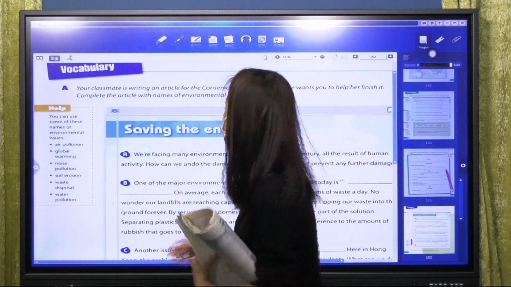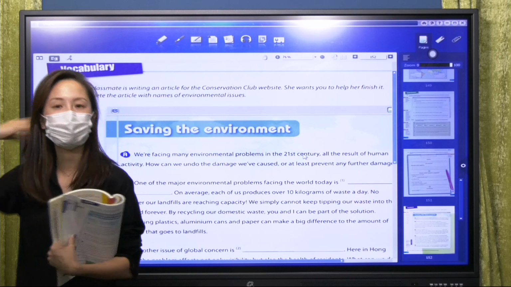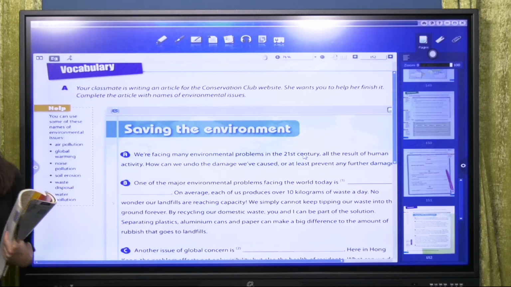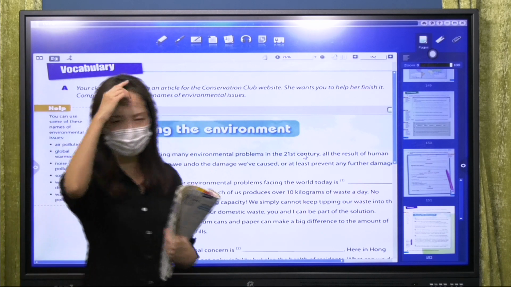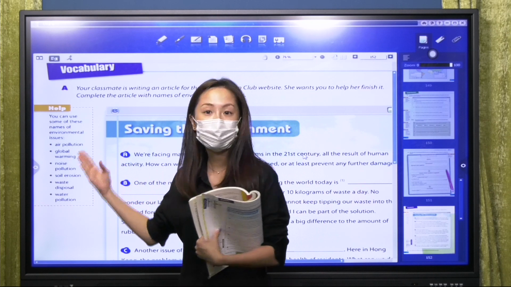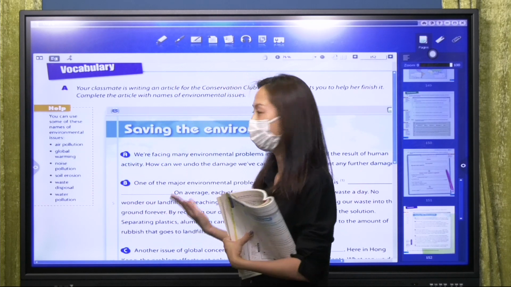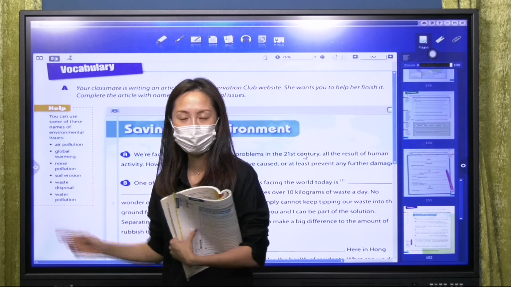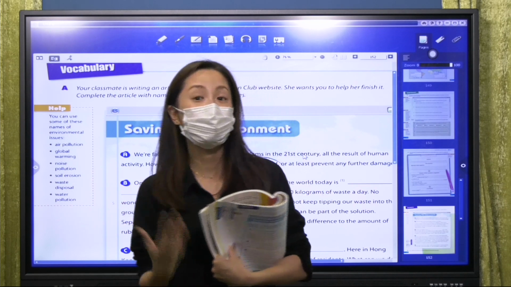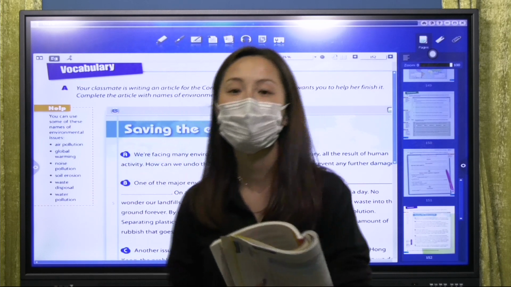So let's look at these words. Air pollution, I don't think we need any explanation now, as you're in 4-5. And then global warming. Actually, I mentioned global warming 2 weeks ago. The whole world is getting hotter and hotter, warmer and warmer. Noise pollution, noise. When I am having lessons, you keep talking and you are making noises.